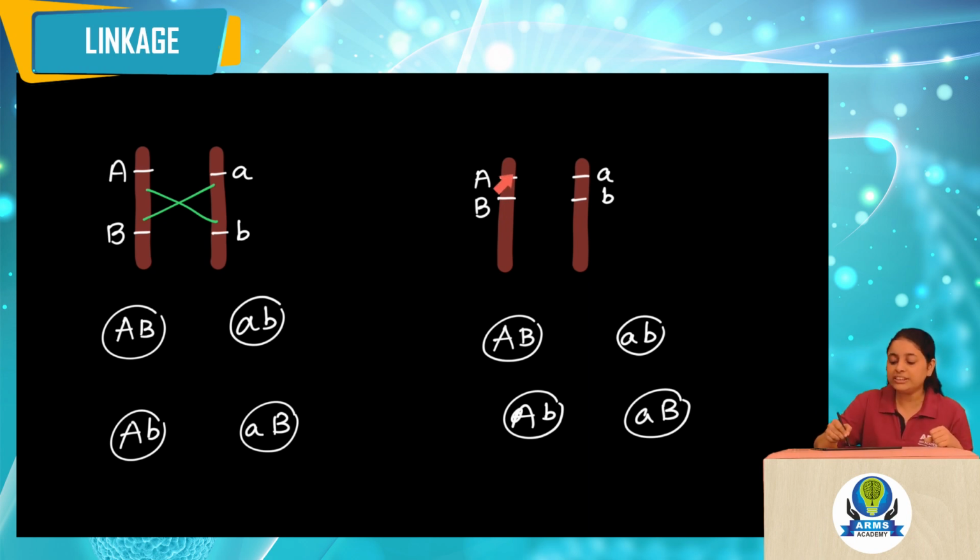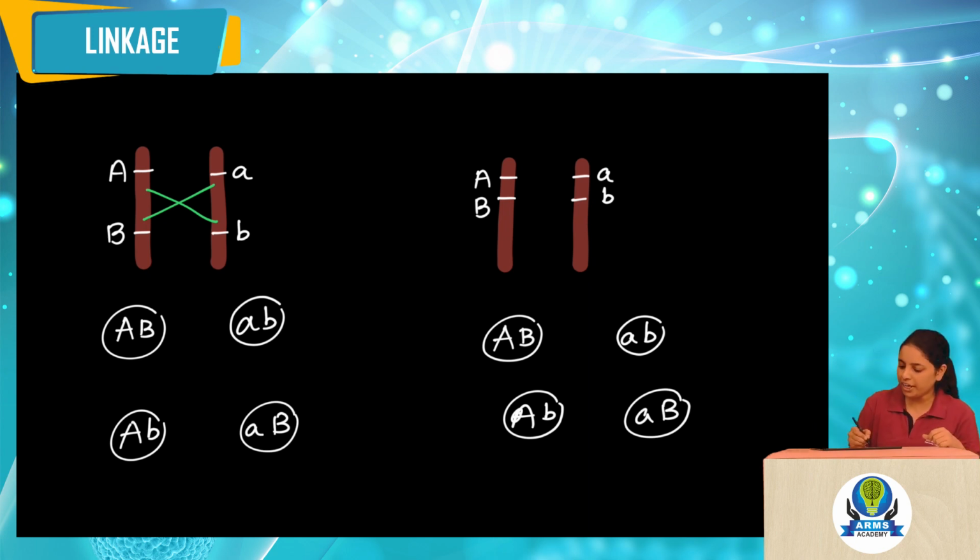When the two genes are very close, that means distance is less. Parental combinations are maintained. That means linkage is more. So in the second case, the genes are more linked as the distance is less. Now based on this, we can calculate the recombination frequency.